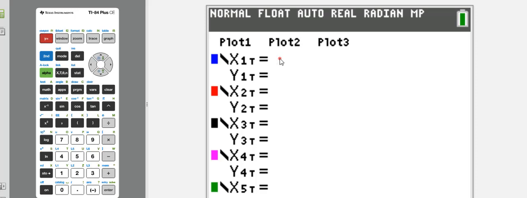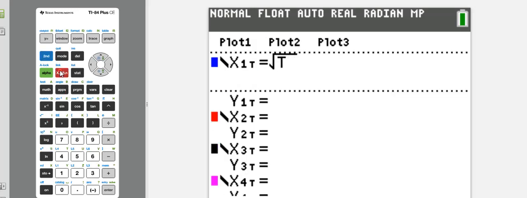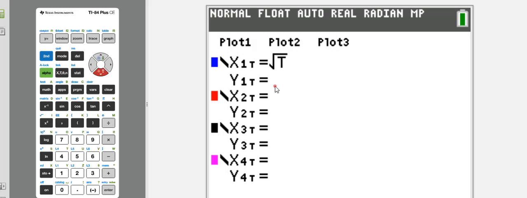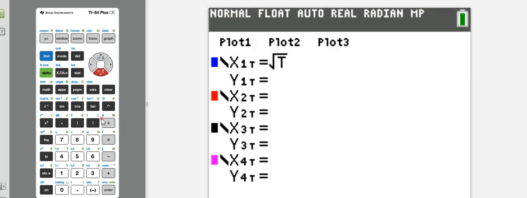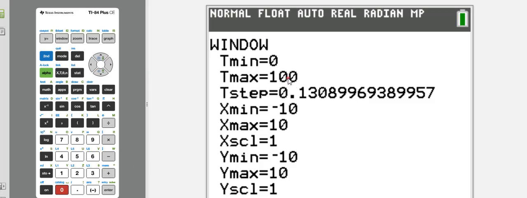Now you could write x1 as radical t and your y1 as t, and go to window. We've got a t minimum of 0 because t has to be greater than or equal to 0, and then t max, let's just set it as maybe 100, because t is going to infinity. Yeah, because t has to be greater than or equal to 0.